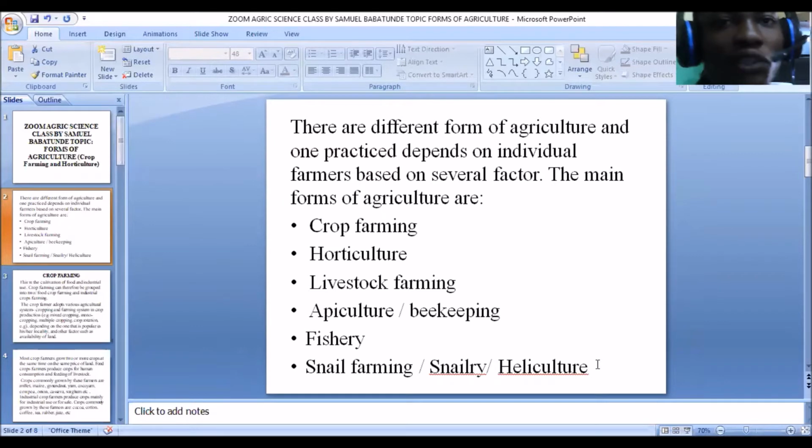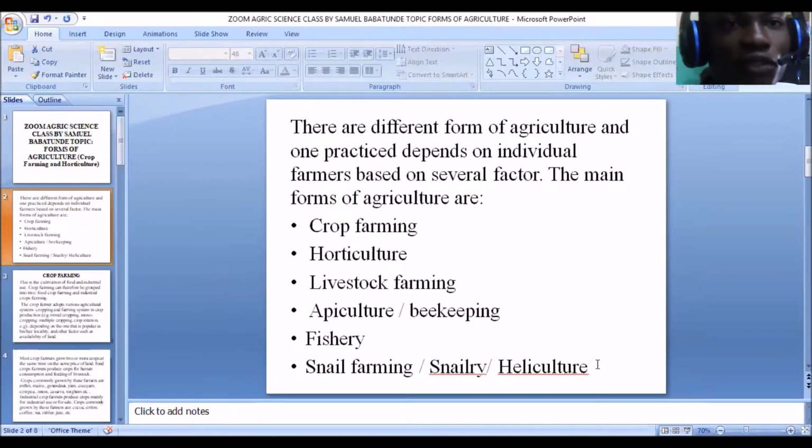It might depend on the location, the weather, the environmental condition, his social background, or his belief. All these affect the choice of each farmer's practice, because each farmer chooses a particular form in which to practice.